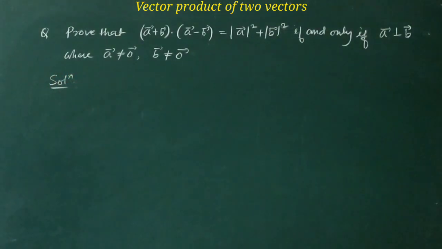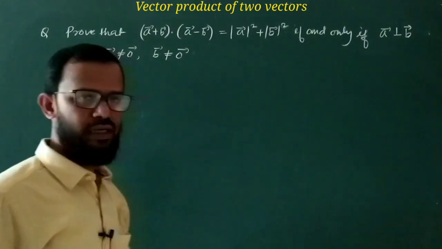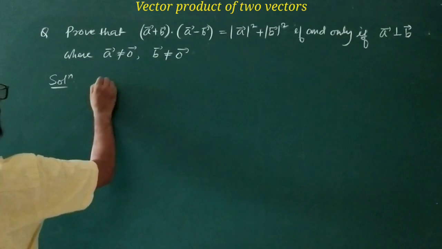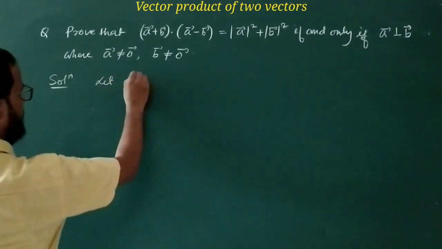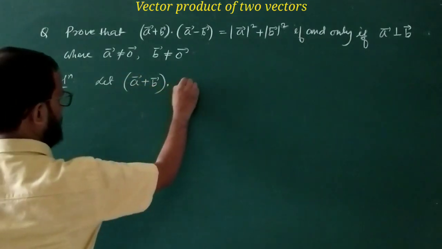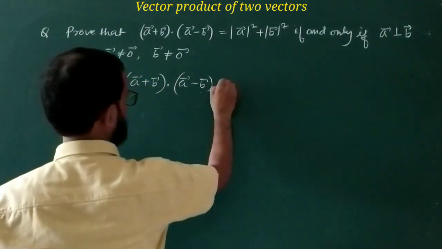So first we suppose that this is true, and we are going to prove that A vector is perpendicular to B vector. So let A vector plus B vector dot A vector minus B vector is equal to what?